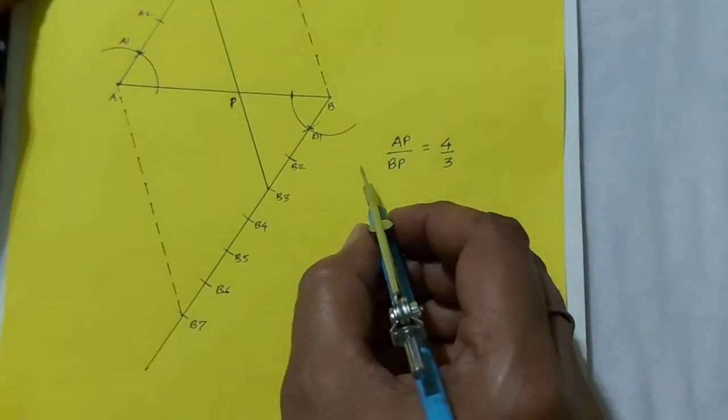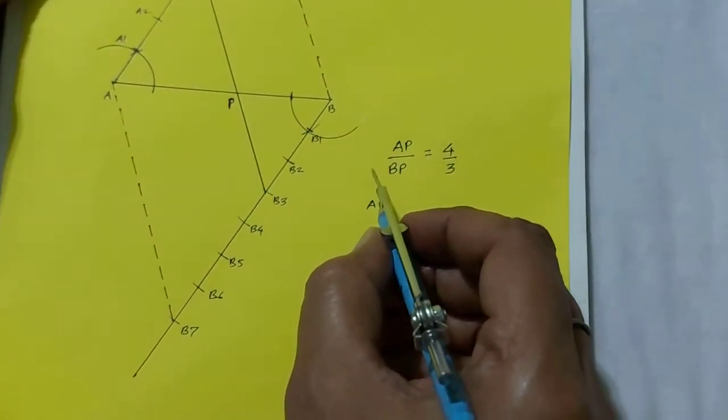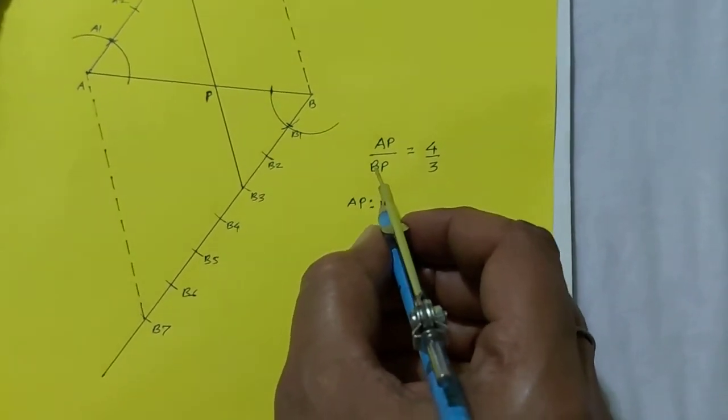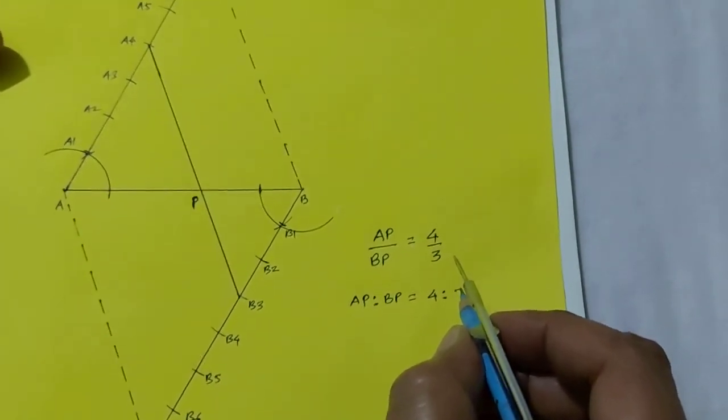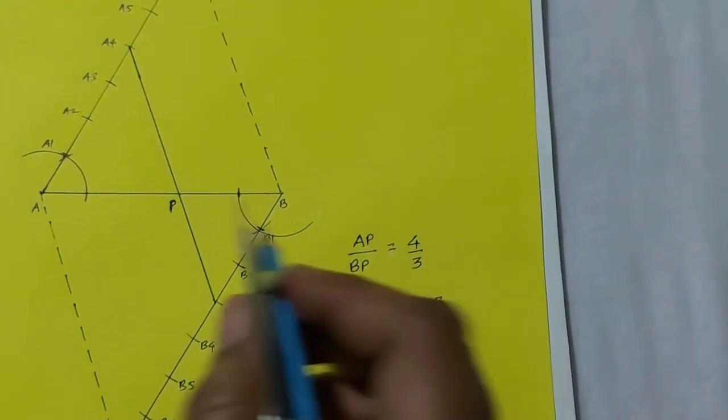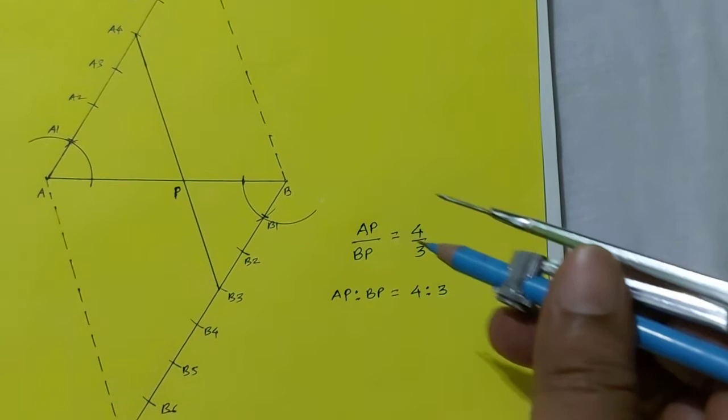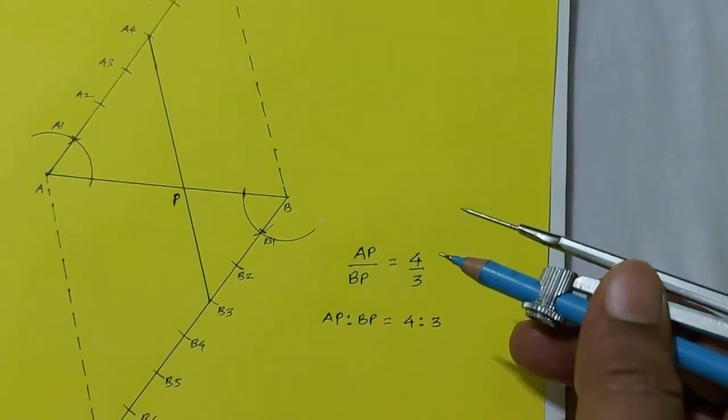That is, if you write in the ratio form, then AP is to BP equal to 4:3. Okay, so this is how a line segment is divided into a given ratio.